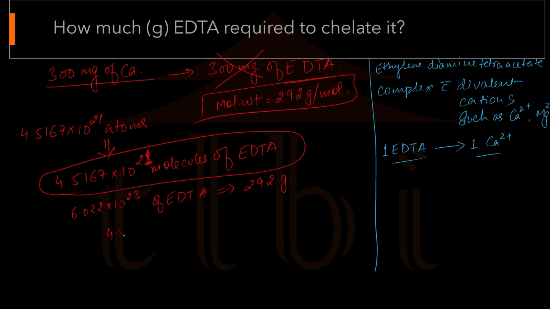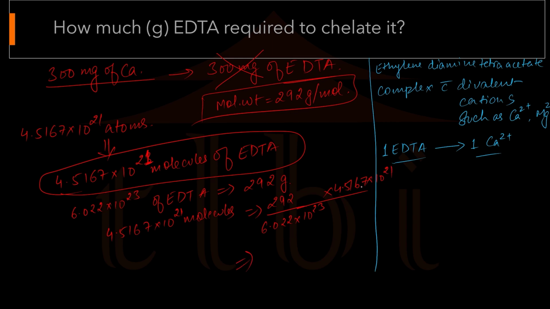So 4.5167 into 10 to the power 21 molecules, how much will they weigh? You can simply do 292 divided by 6.022 into 10 to the power 23 and multiply it by 4.5167 into 10 to the power 21.